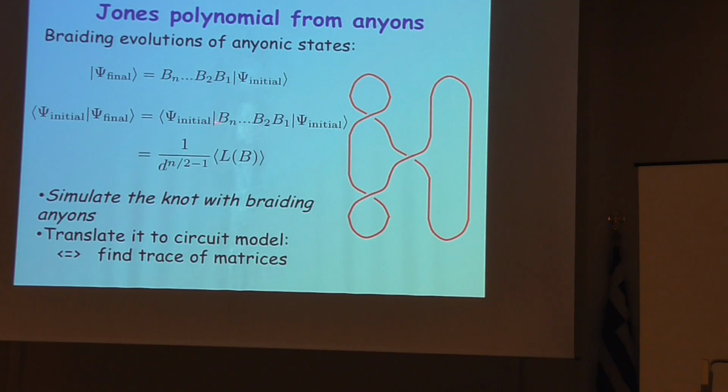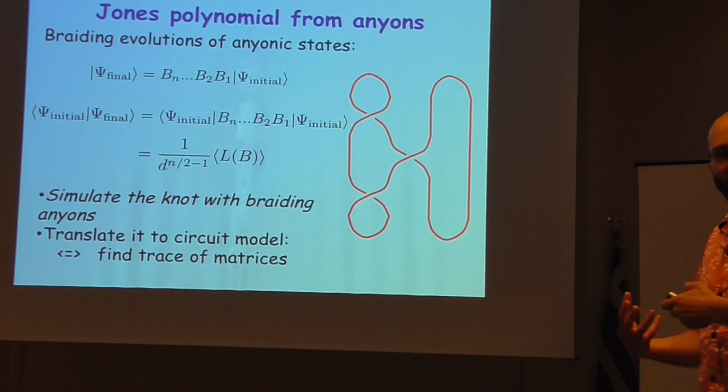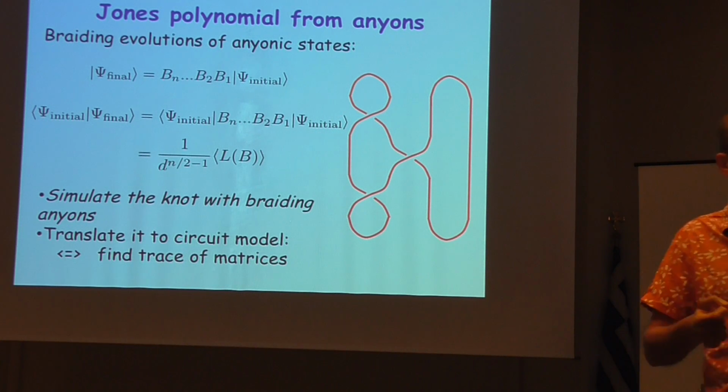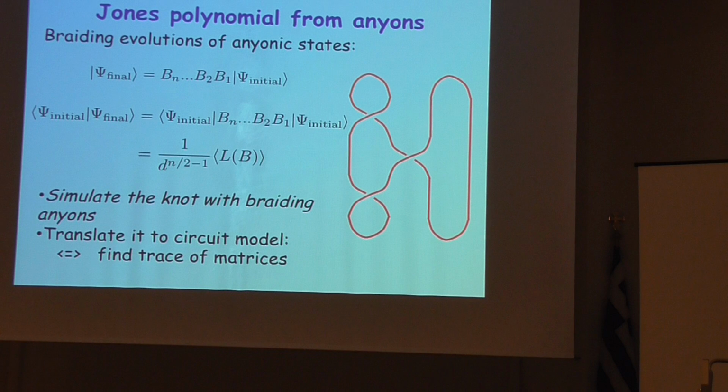The braiding operation is here. And then we fuse them at the end, which is the same as sandwiching with the initial state. So we bring them together and we want the vacuum to come out at the end. And this amplitude here is invariant under continuous deformations of the knots.